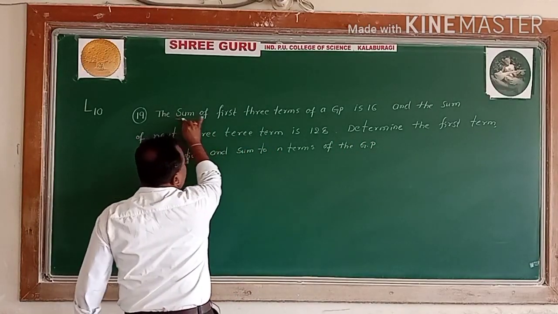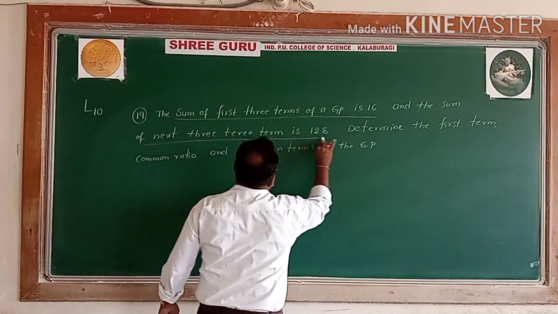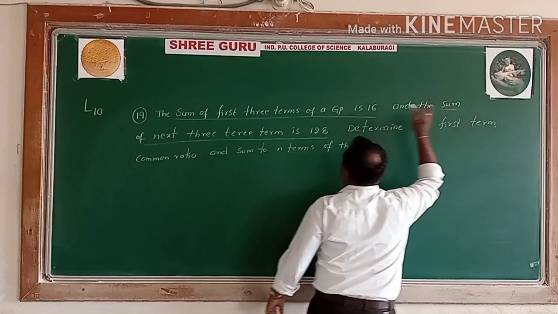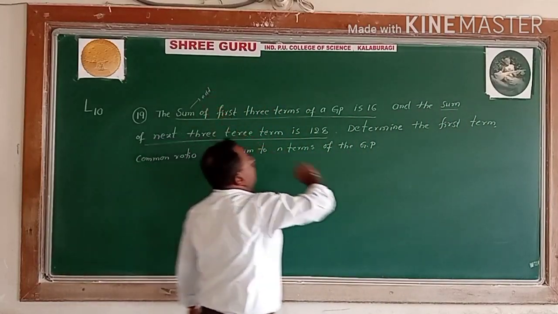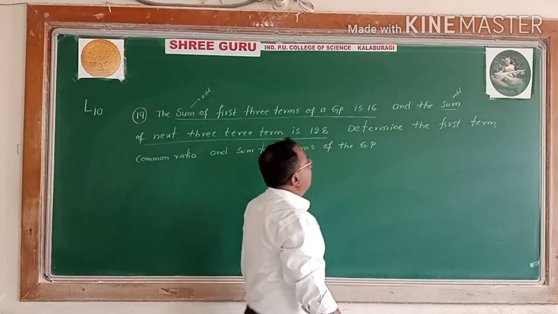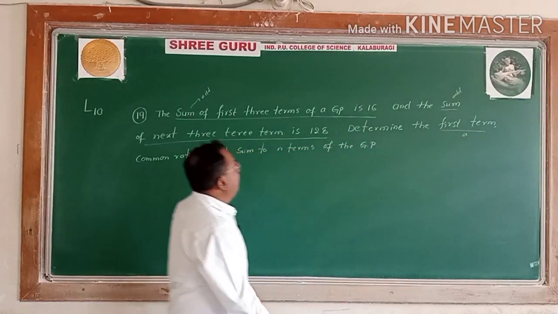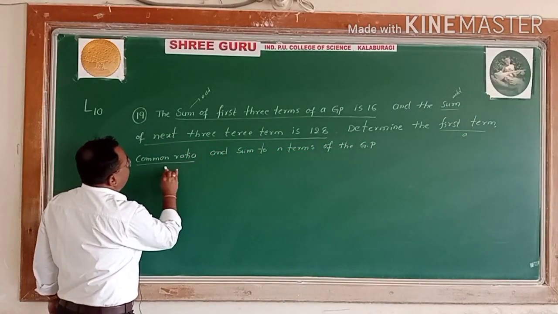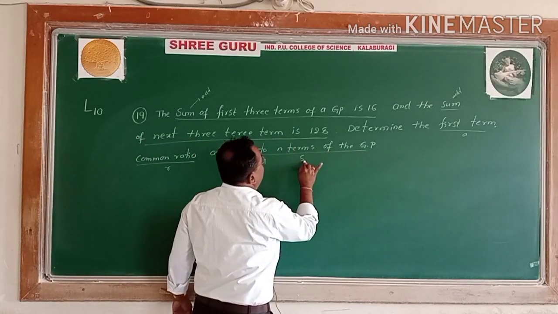Here sum of first three terms and sum of next three terms, this sum means add. Understood? Determine first term means A, and listen here, common ratio means R, sum to n terms of GP means Sn.